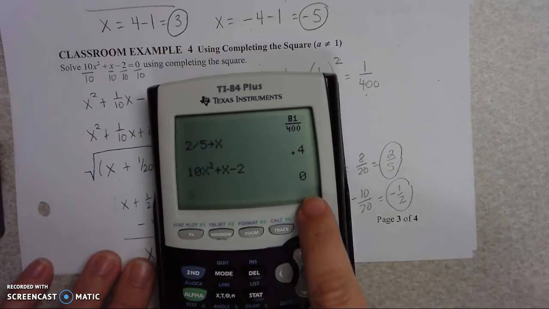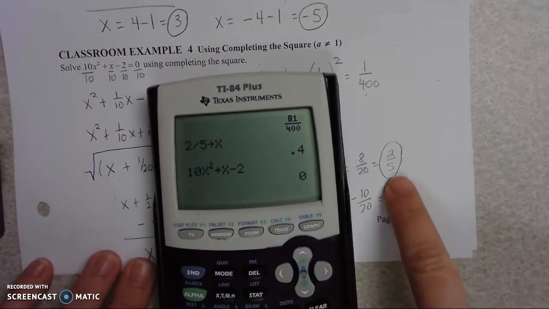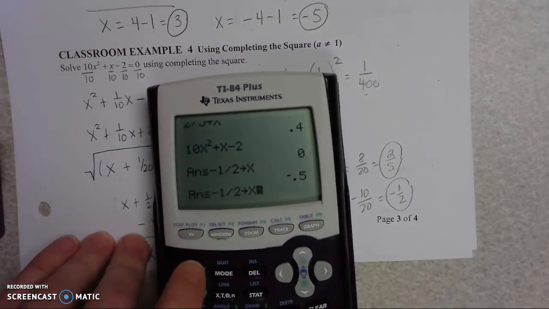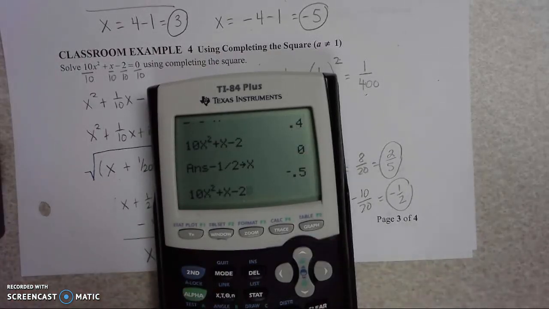Let's see. We do, so I know 2/5 is a good answer. Now let's try negative 1/2. We'll store it in x, and then I'm going to recall my function, hit enter, and I get 0, so I know negative 1/2 is also a good answer.